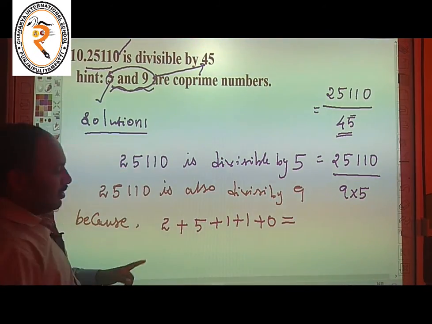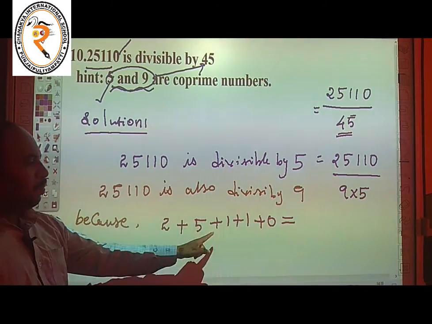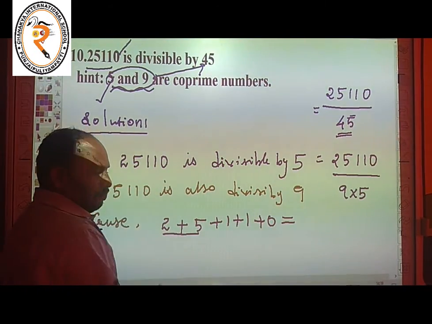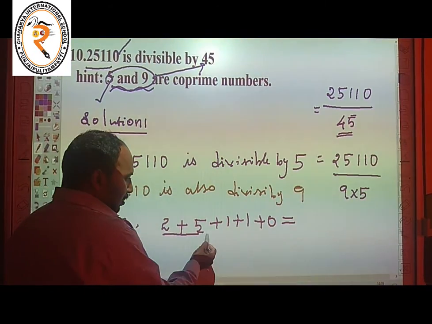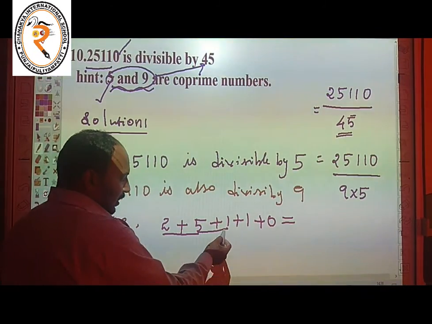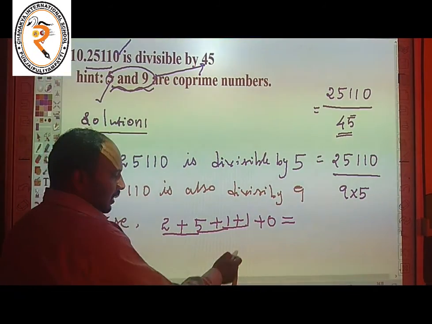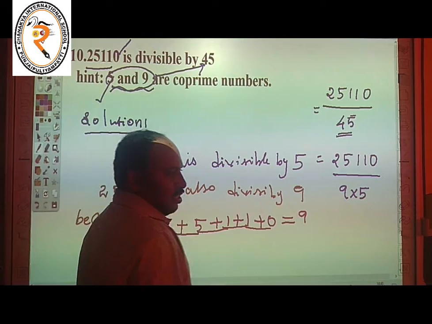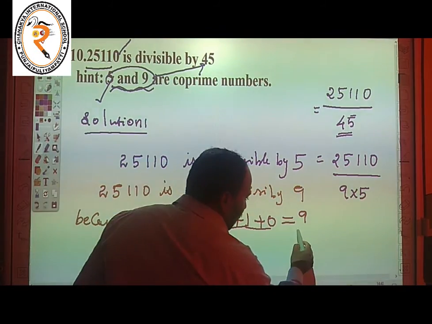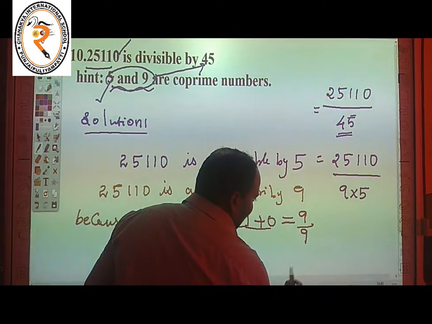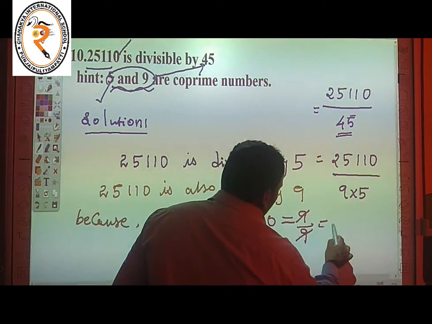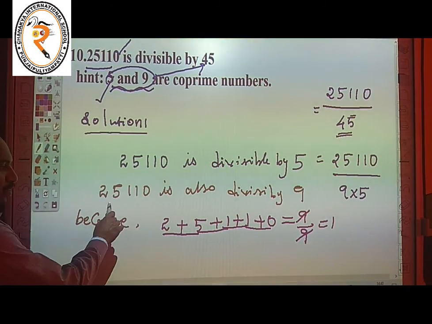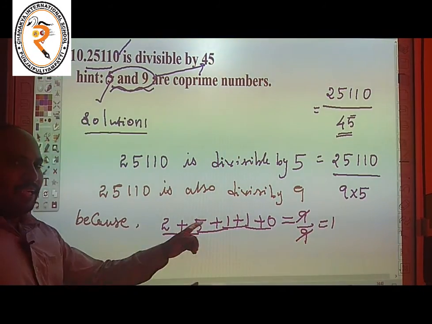We add all the digits: 2 plus 5 is 7, 7 plus 1 is 8, 8 plus 1 is 9, 9 plus 0 is 9. The total is 9. 9 divided by 9 is 1. It is divisible by 9. So 25,110 is divisible by 9.